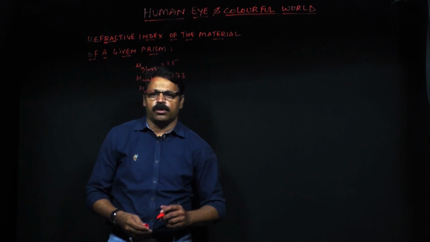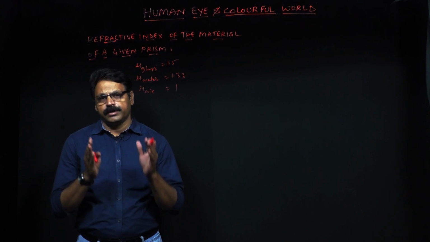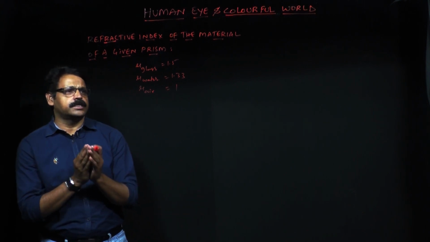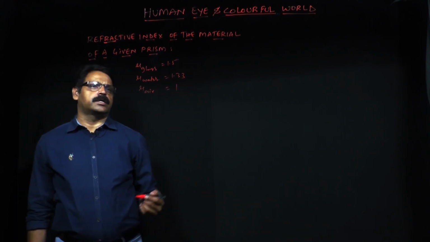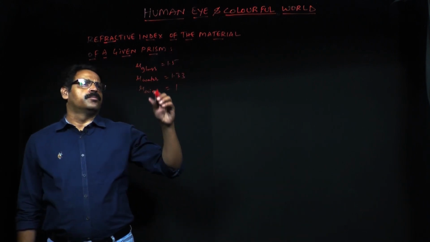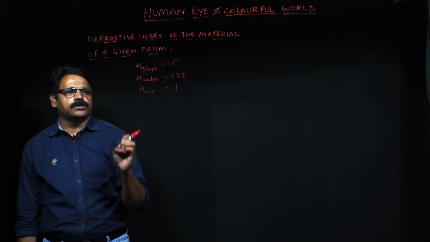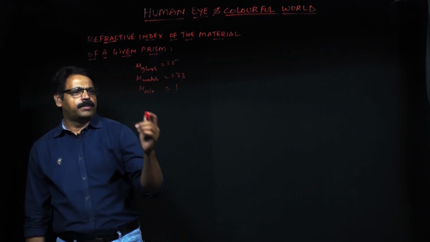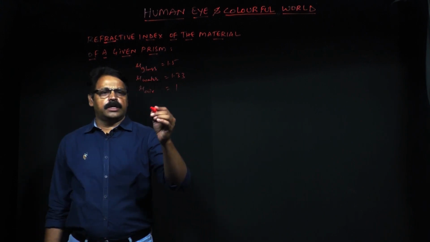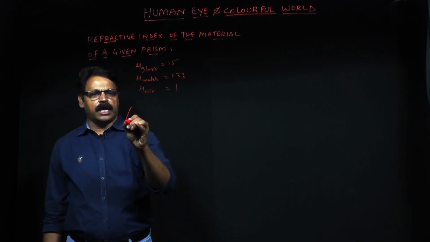That is the reason it is always convenient for us to find out the refractive index of a given material, and we find it with various sources. One of the sources is by using the prism. Whatever the material is, we take it in the form of a prism, and using that prism we can calculate the refractive index as follows.